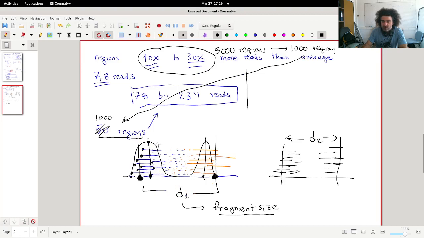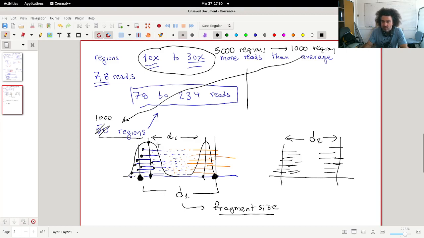Now for each one of these regions, again, it takes the different modes of the distribution, taking separately the reads that correspond to the plus strand and the reads that correspond to the minus strand. It finds the middle location, or the location that corresponds to the peak of this distribution for the plus strand, and the location that corresponds to the peak of the negative distribution of the depth from these reads, and this distance is called di, where i is the corresponding fragment.